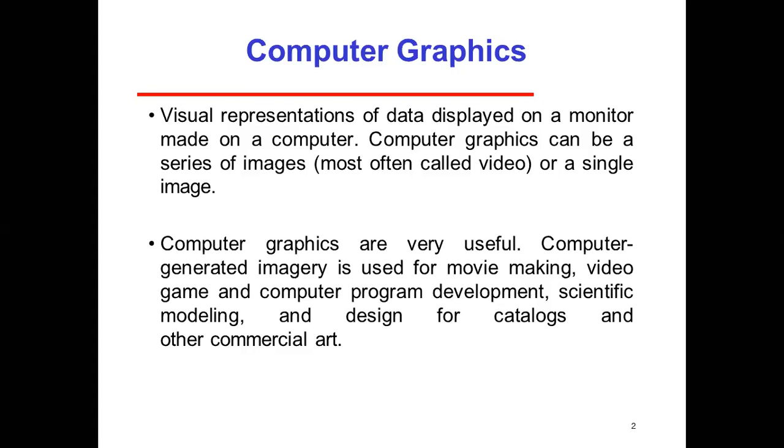Computer graphics can be a series of images. So computer graphics is nothing but a series of images, and then again we combine various images, and after concatenation or combination they form a single image.